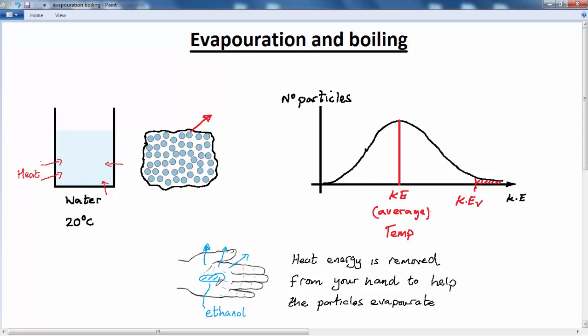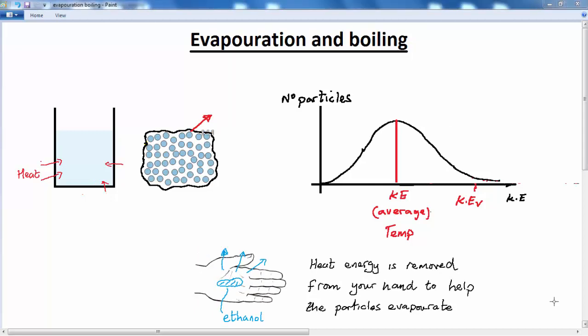And when it sweats, the water on your skin evaporates, and as it does so, heat is taken from your body to help those water particles evaporate, and therefore your body cools down, in the same way as when the ethanol on your hand evaporates.